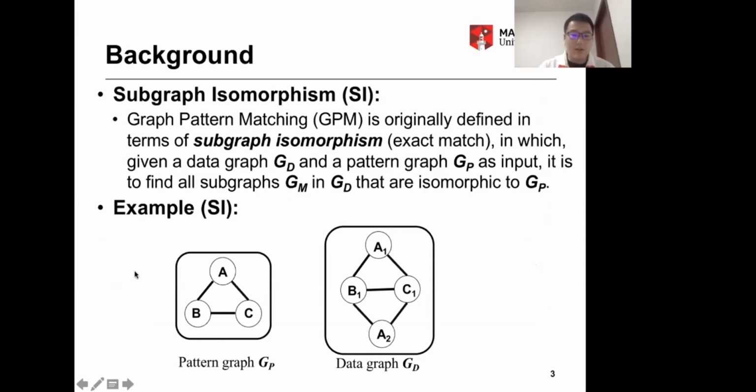On the left is a pattern graph, and on the right is a data graph. We want to find the matching graph in the data graph. In this example, the subgraph consisting of A1, B1, C1 is a matching subgraph of the given pattern graph GP because they have the same kind of node and the same structure. Of course, this is another matching subgraph.